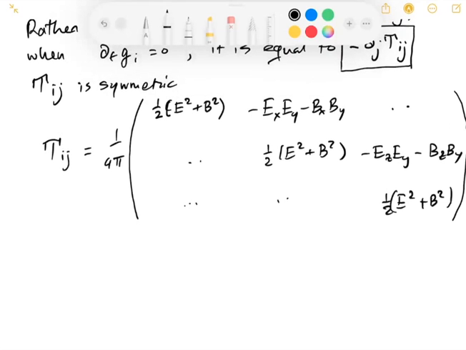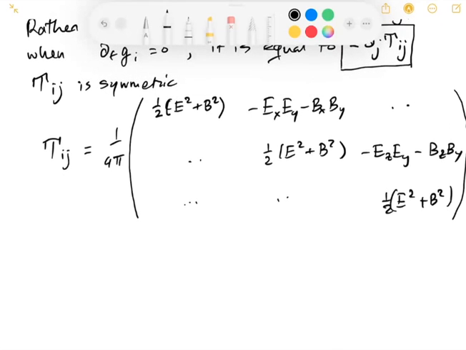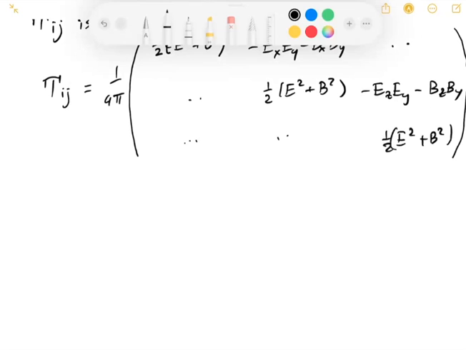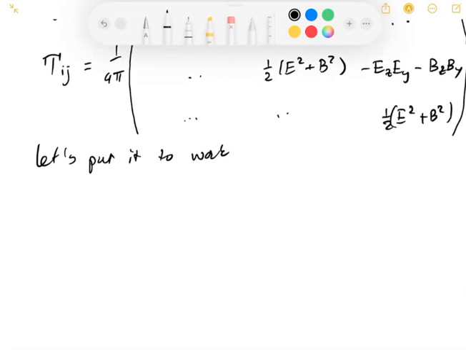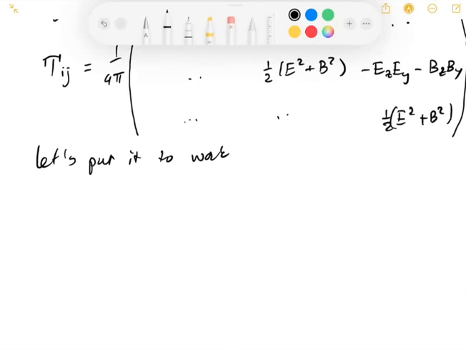So now let's put this thing to work. For this, we need to convert this thing from differential version to integral version. Okay, so we're going to do that.